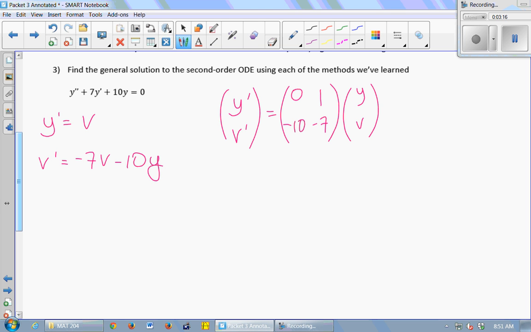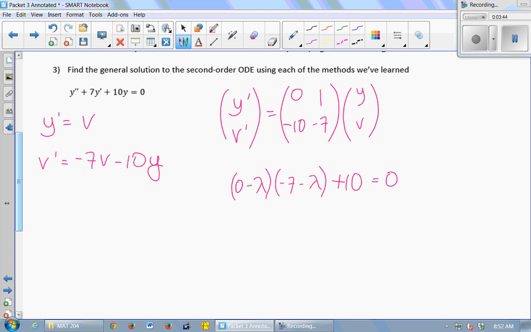It's written in matrix form. If you want to solve it, what's the first thing you do? Eigenvalues, right? So we do the determinant of A minus lambda I. So this is going to become 0 minus lambda times negative 7 minus lambda minus negative 10 equals 0. Everybody know where that comes from at this point?